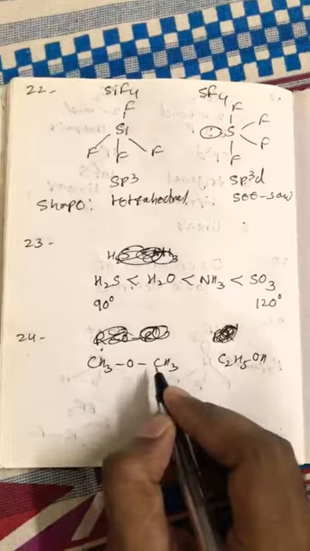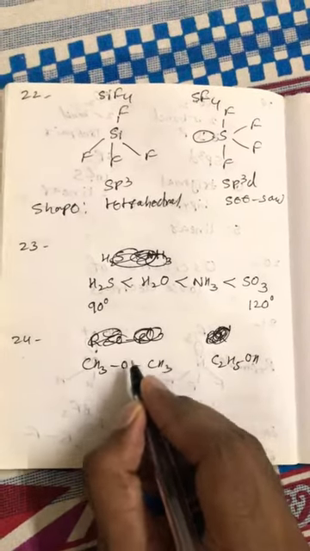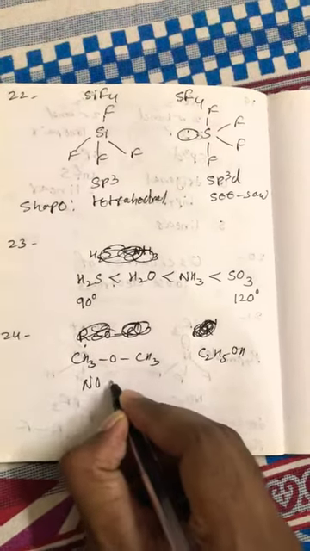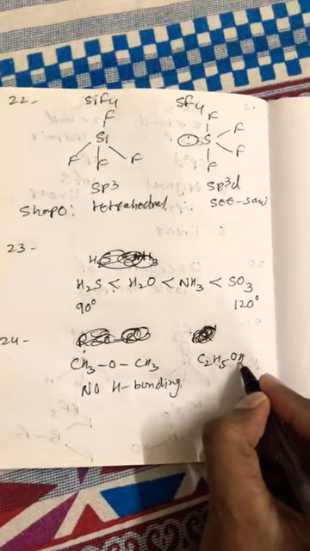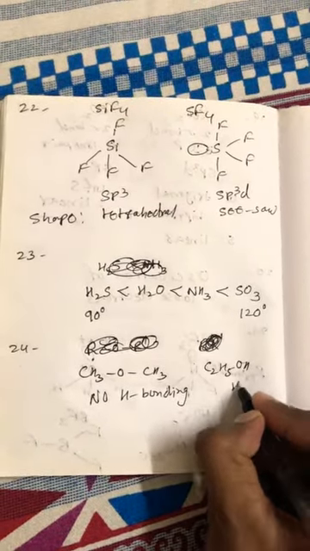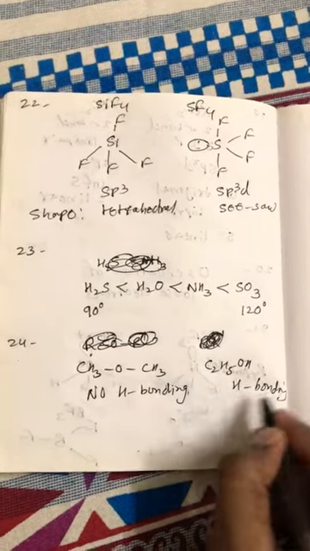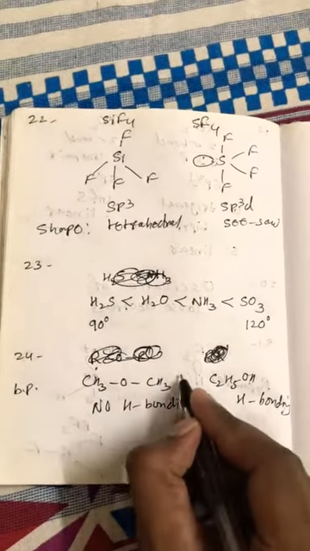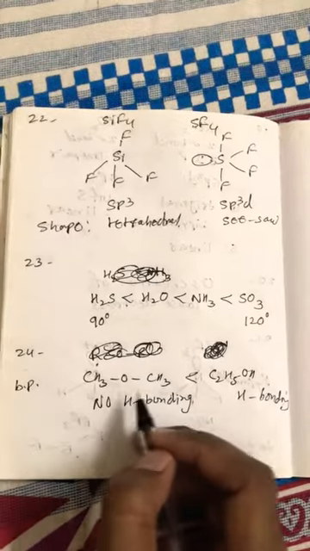Question number 24. Now this is ether and this is alcohol. Both have the same molecular formula, but in this case hydrogen is attached with carbon, so no hydrogen bonding. But in this case hydrogen is attached with oxygen, so obviously hydrogen bonding takes place. So because of hydrogen bonding, the boiling point of C2H5OH will be higher than CH3OCH3.